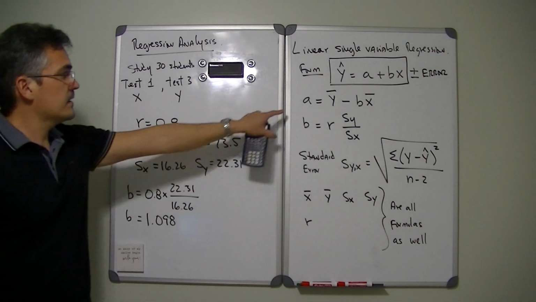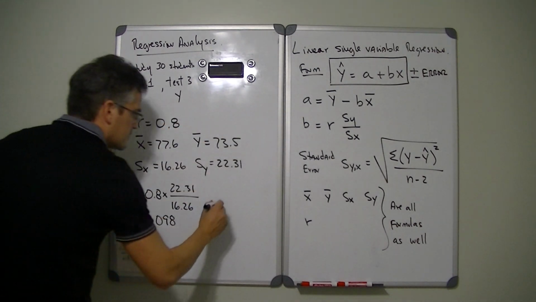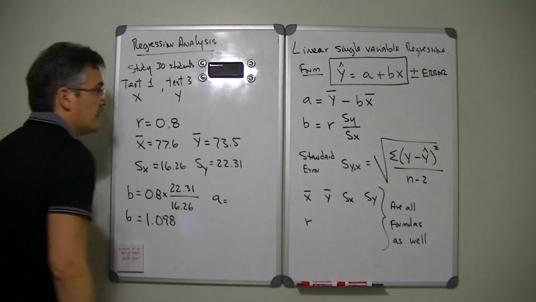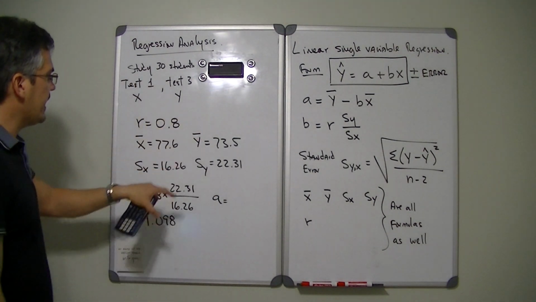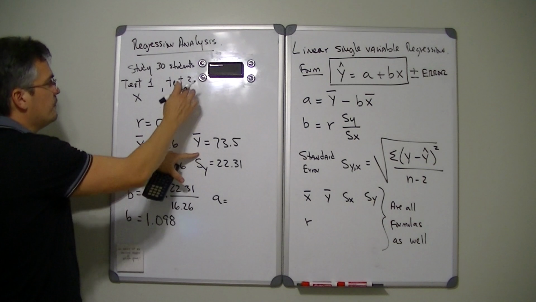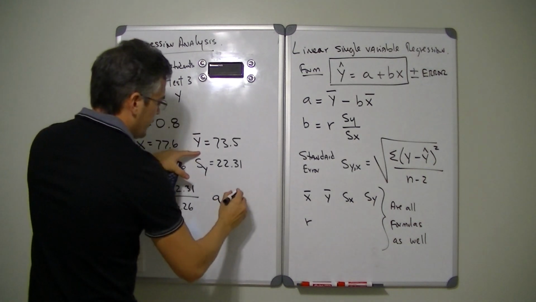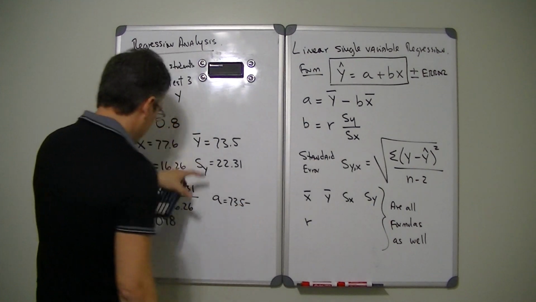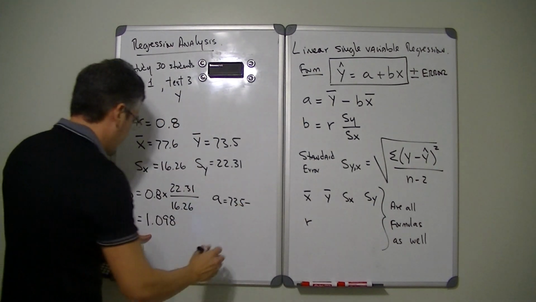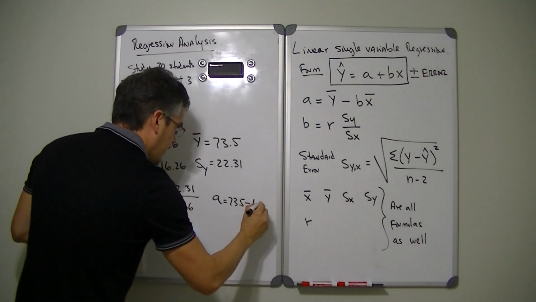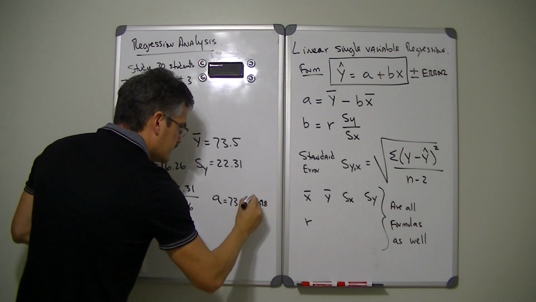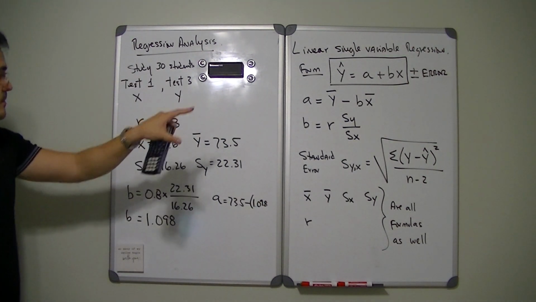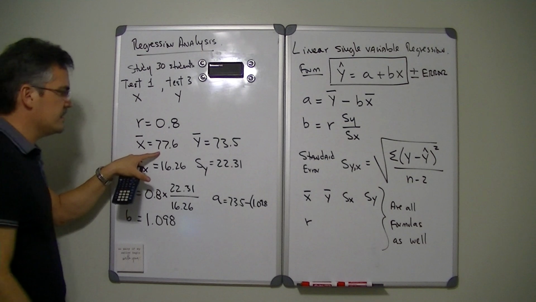Now I can also calculate my a. To calculate a, I gotta do y bar, which is my mean for test 3. So that's 73.5. And then I gotta subtract b, which is what I got here, 1.098, and then I gotta multiply that times x bar, which is 77.6.